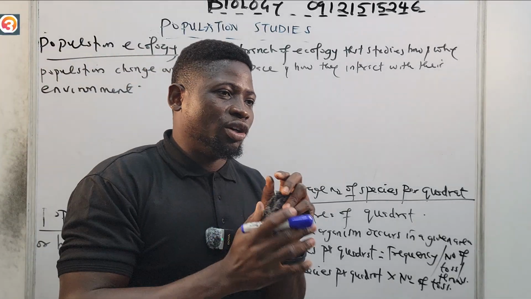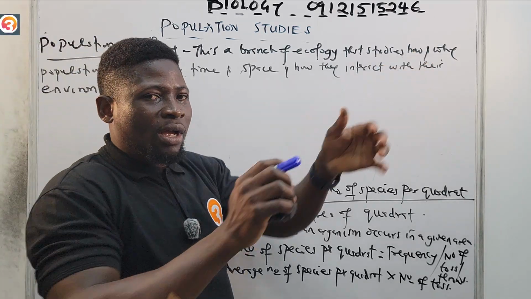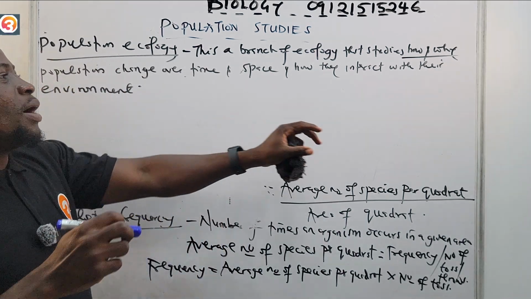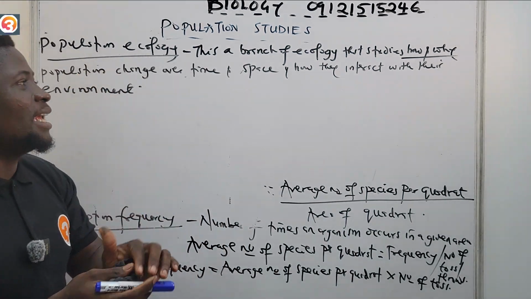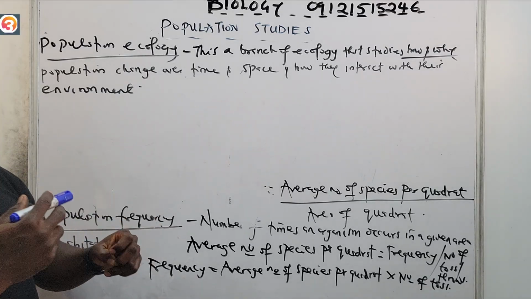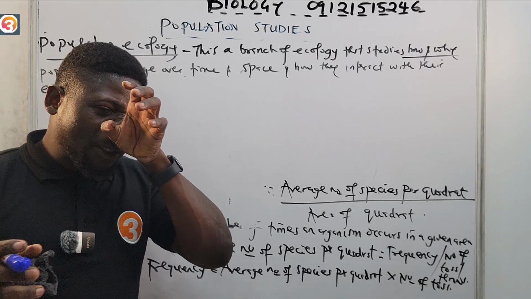It's a branch of ecology that deals with the study of how and why populations change over time and space, and how they interact with their environment. Because over time, populations will change.